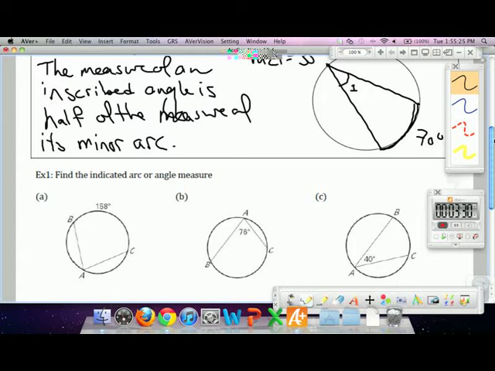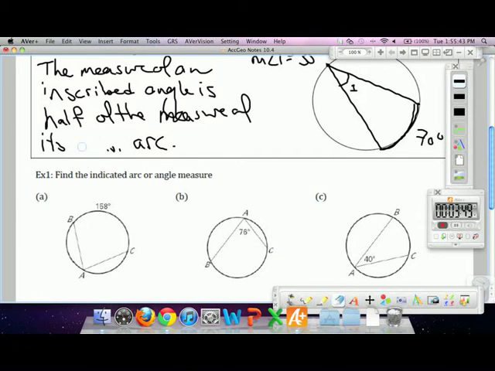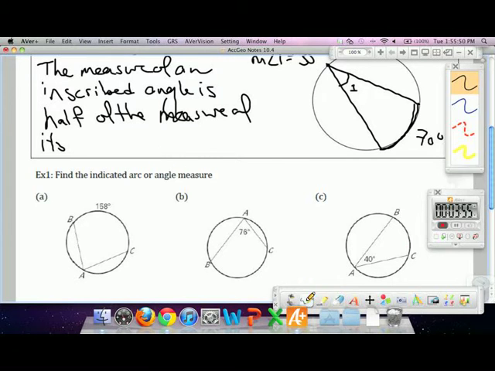Actually, I'm sorry. It's not a huge deal, but I have to change something, because this inscribed angle doesn't necessarily have to be a minor arc. I'm going to change the word minor to the word included, between the two. I apologize for that.